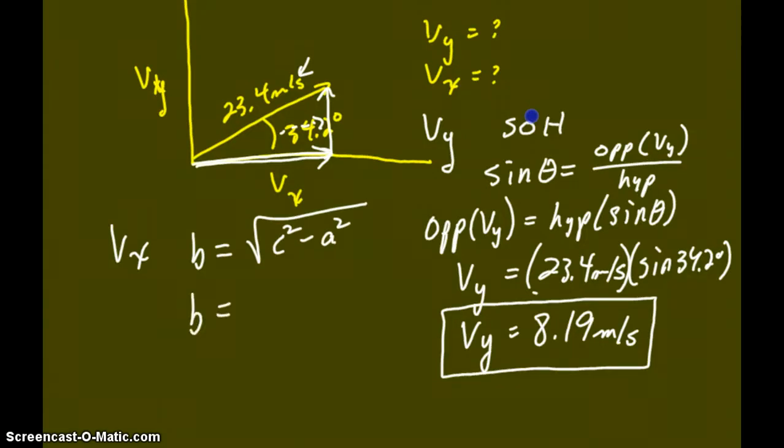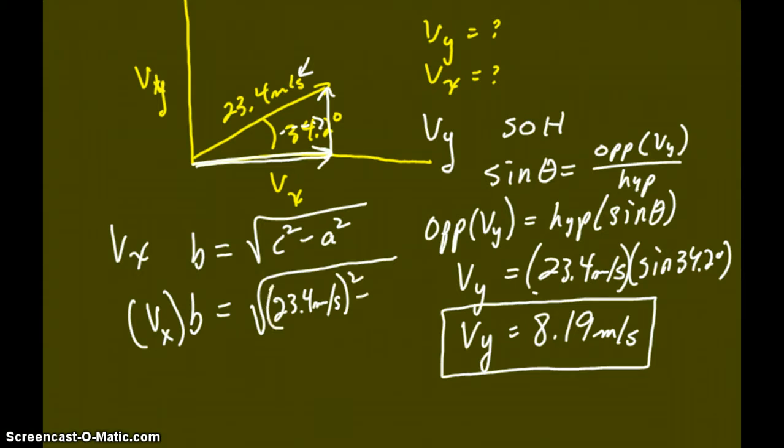That side, the velocity in the X direction, is equal to 23.4 meters per second quantity squared minus 8.19 meters per second quantity squared. Velocity in the X direction is 21.9 meters per second.